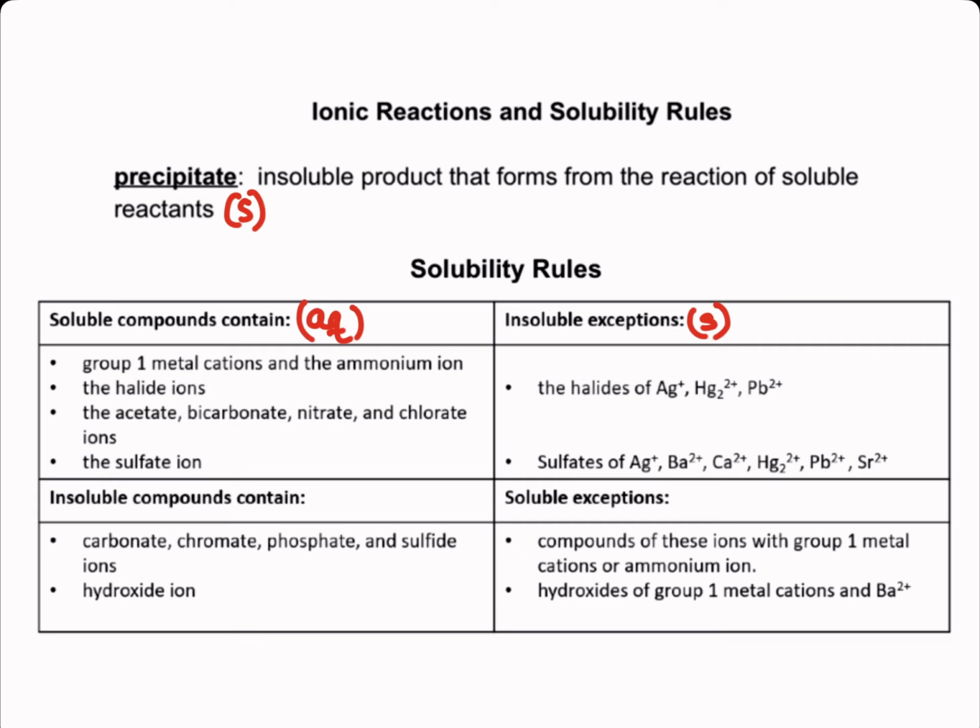Insoluble products get the symbol S. So carbonates, chromates, phosphates, and sulfide ions are all insoluble, S, except when they are bonded to these exceptions. So they become soluble, and the soluble symbol is AQ. Hydroxides are mostly insoluble, except when they are bonded to these exceptions.